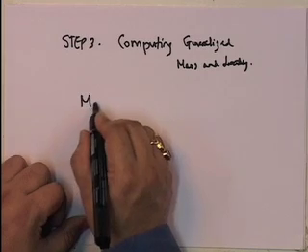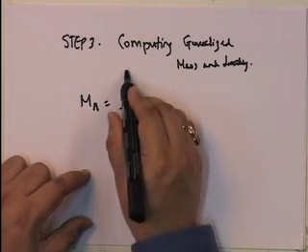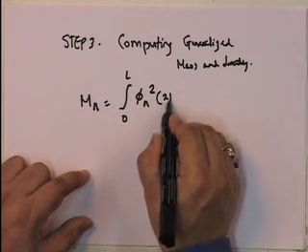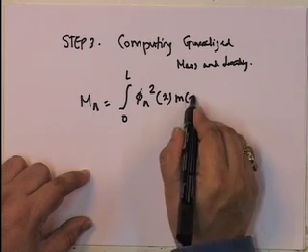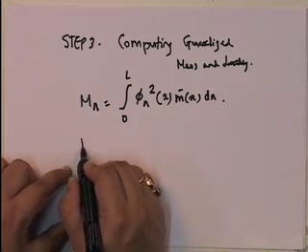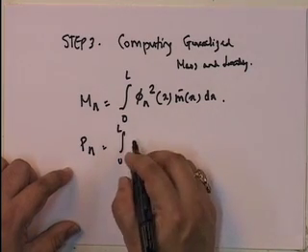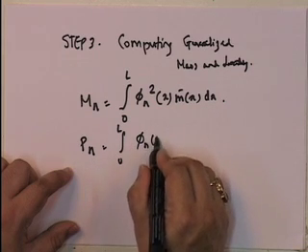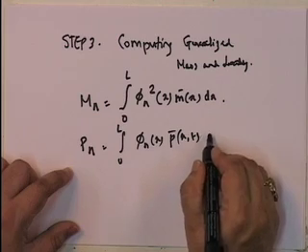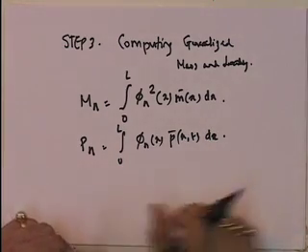Well, Mn is equal to the integral 0 to L of phi n squared of x into m bar of x dx, that is Mn, and Pn is equal to the integral 0 to L of phi n of x into p bar of x and t dx.